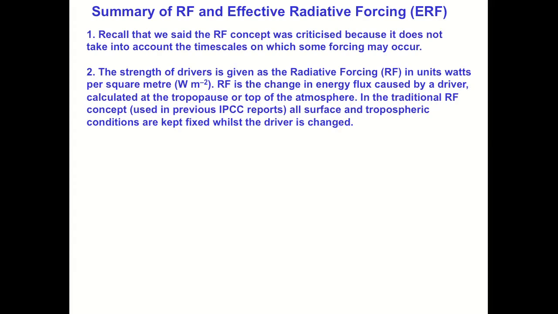It's given in units of watts per meter squared. It's the change in the energy flux caused by a particular driver, increasing CO2 for example. It's normally calculated at the tropopause or top of the atmosphere in models, but in the traditional concept of RF, all the surface and tropospheric conditions are kept fixed whilst the driver is changed, whereas in more recent models a lot of the drivers are allowed to change simultaneously.